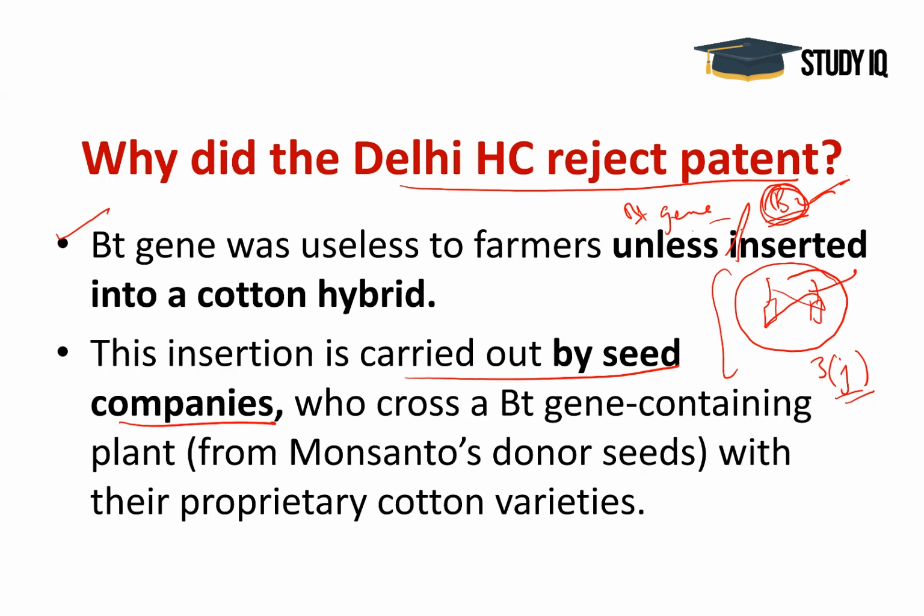So if this argument is correct, few plant biotechnology innovations could be patentable in India. Because most of the biotechnology innovations are like this only, where you identify the gene and then you insert it into another plant or wherever you want, right? So this way we won't be able to patent a lot of things.